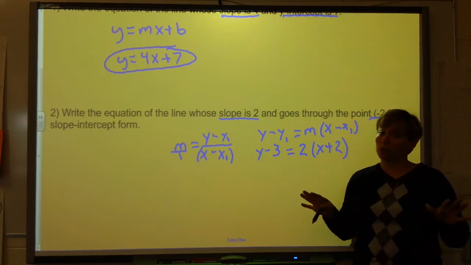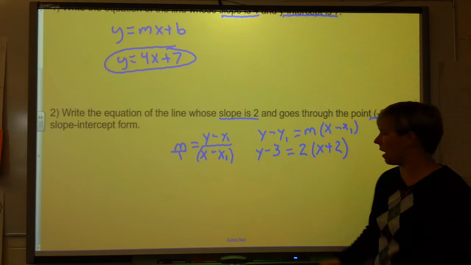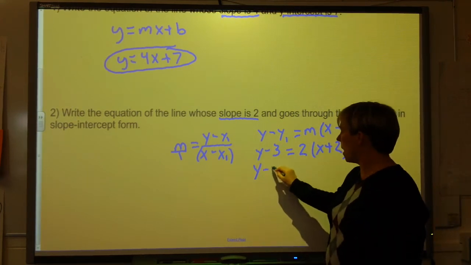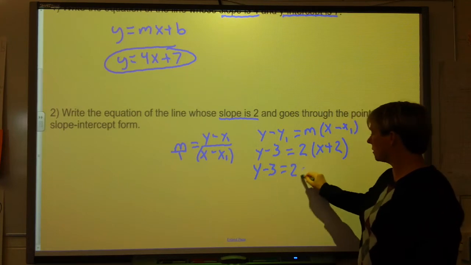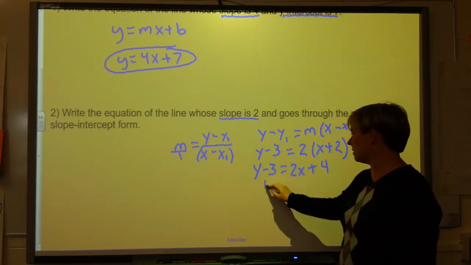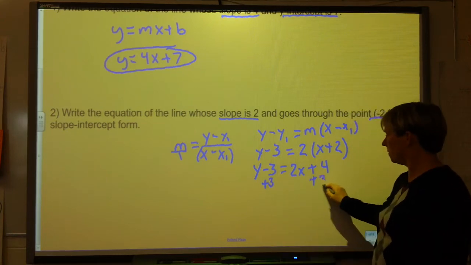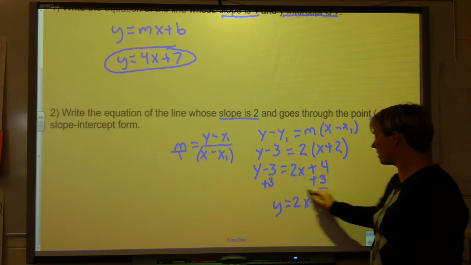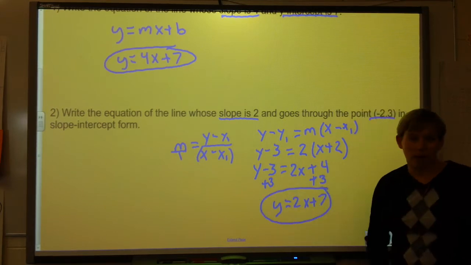Not quite slope-intercept form yet, but almost there. All I have left to do is to distribute the 2, so I get y minus 3 is equal to 2x plus 4, and then add my 3 to both sides. And I get y equals 2x plus 7. That's the final answer for my equation there.